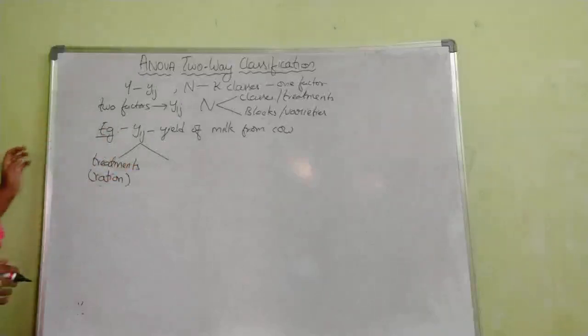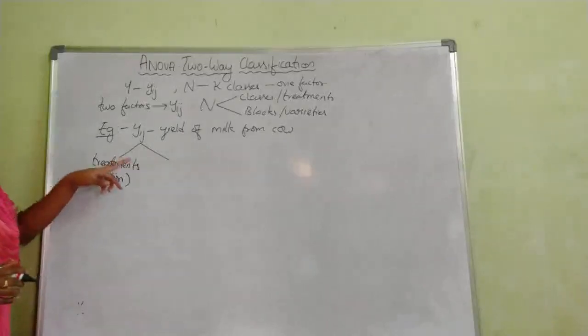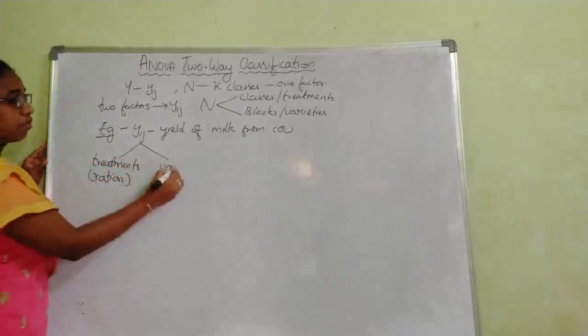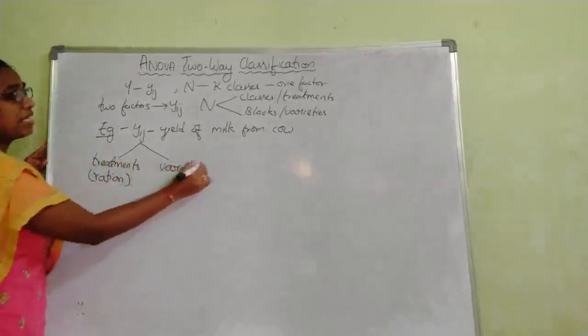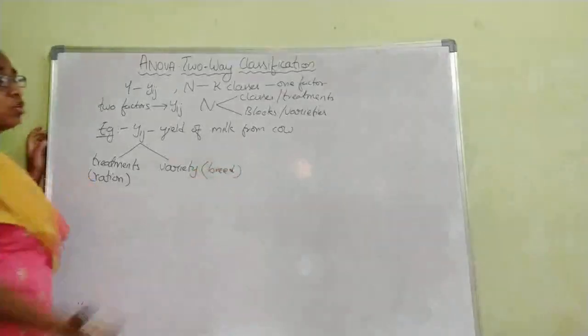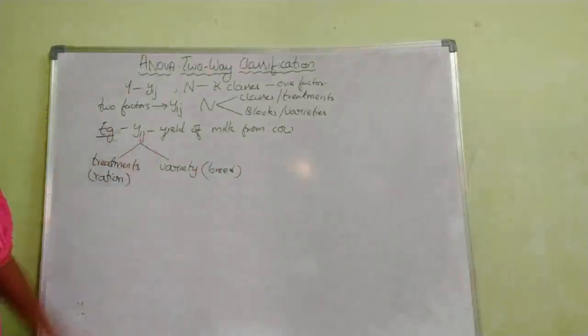In the same way, not only based on the ration, there is also the difference in the variety. So variety indicates the breed of the cow. Not all cows will be producing the same amount of milk, right?